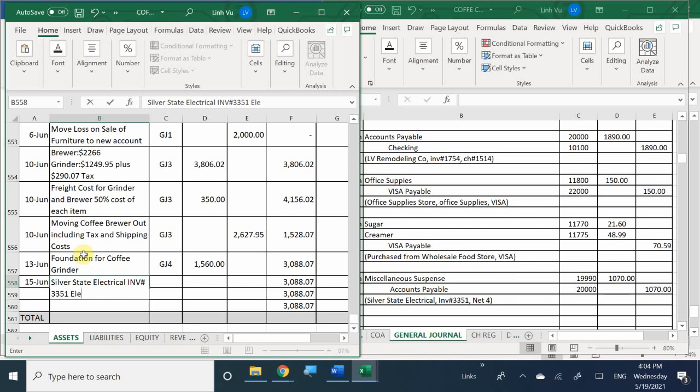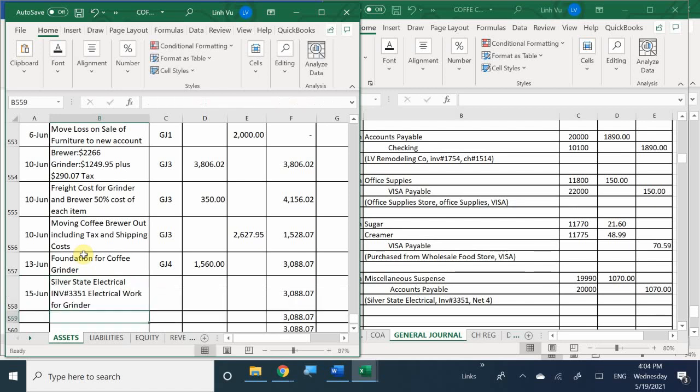That's what I was gonna recommend, you could say electrical work for grinder. It's up to you if you want to put that. In this case, we're not looking at the billing yet, we're just entering in the invoice. General Journal 5.